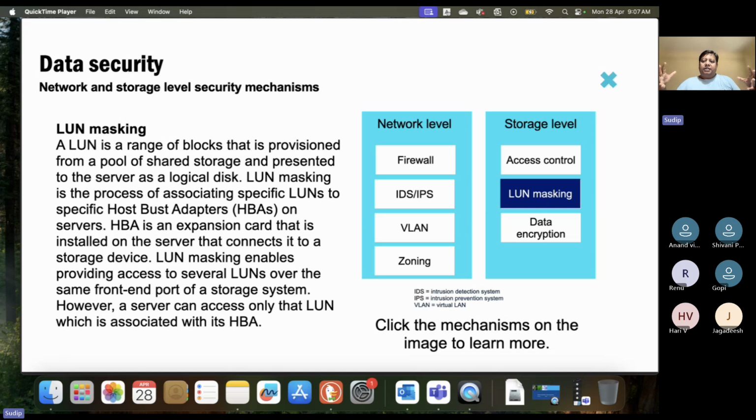Now we took this example, right? I have created a RAID out of, let's say, 100 hard disks and I got 500 TB worth of volume. My requirement was each server should get only 50 TB. But if LUN masking was not available, server 1 can also see 500 TB, server 2 can also see 500 TB, server 3 can also see 500 TB.